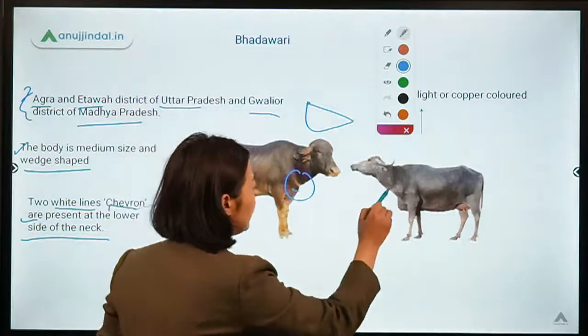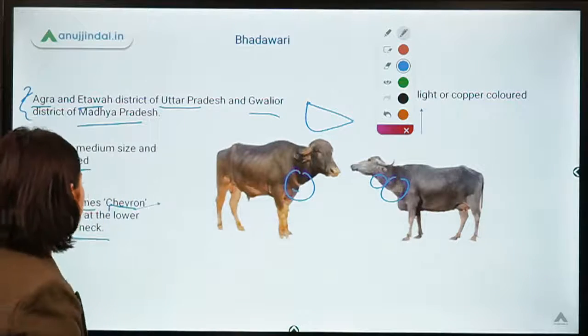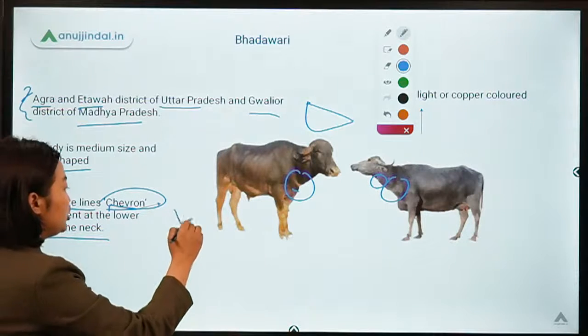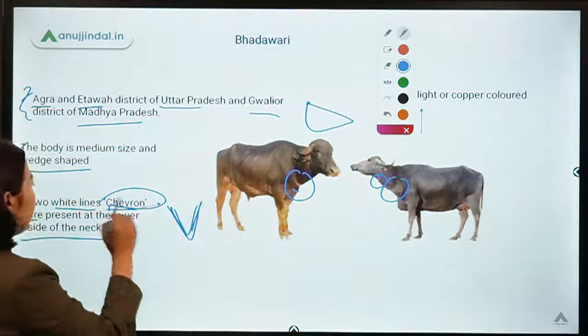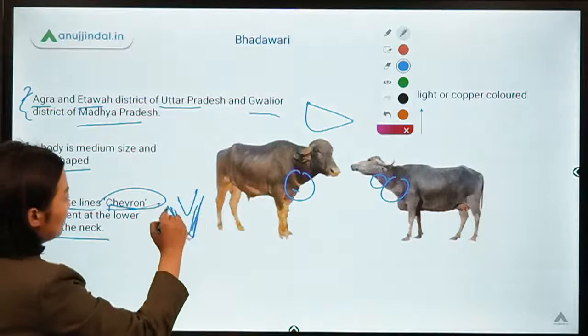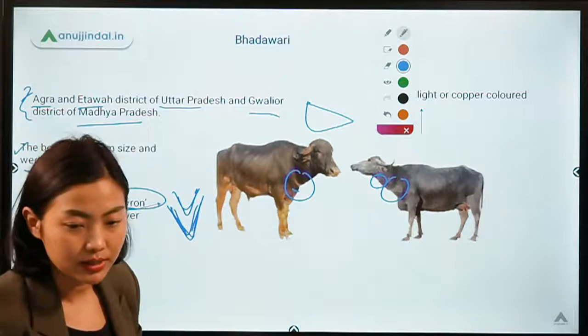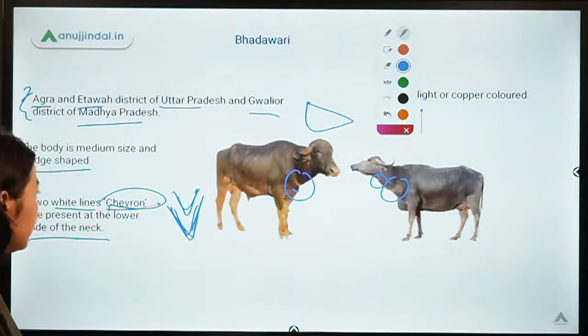These two lines are known as a chevron. They are basically V-shaped lines, two V-shaped lines, and they can be found on the lower neck. This is also a very important characteristic.